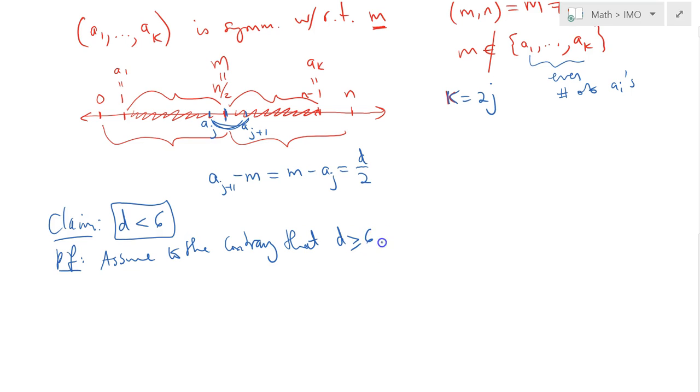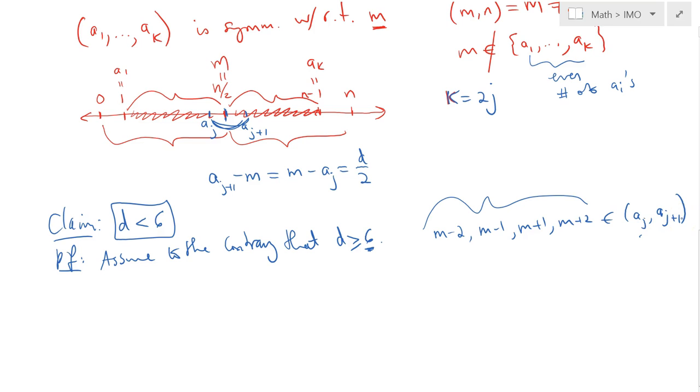In that case, we would have all the following numbers: m minus 2, m minus 1, m plus 1, and m plus 2, all in the interval between a sub j and a sub j plus 1, because the difference between two consecutive terms is at least 6, you should have at least 4 integers between two consecutive a sub j and a sub j plus 1.